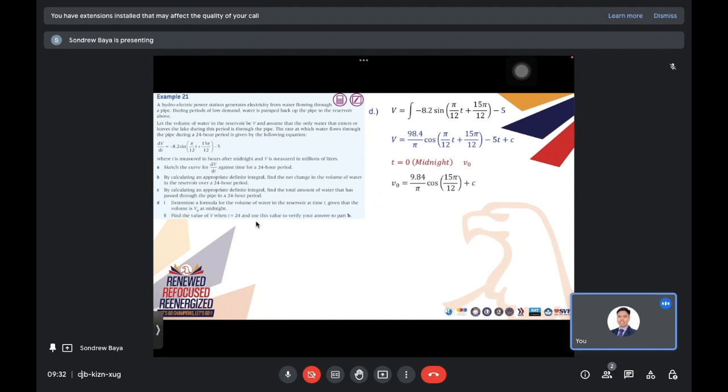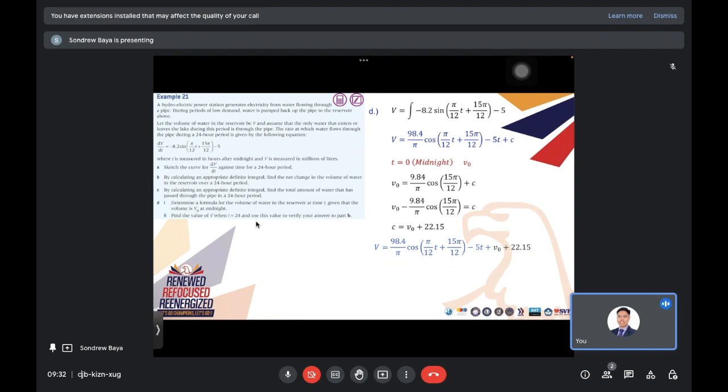In other words, if you algebraically manipulate it, your v sub 0 minus this particular constant, which is just a constant, is equal to c. So c is equal to v sub 0 plus 22.15. Again, pause this video if you're quite confused. So we can now put this back into our original function. Thus, we have this. All right.